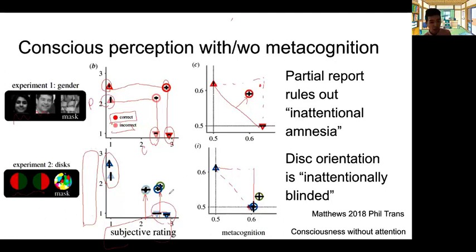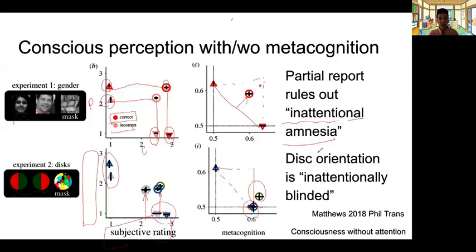And then briefly, this green and blue dot is to rule out the possibility of inattentional amnesia. In all of these dual task situations, we ask 2 responses per trial. In this green dot condition, the task was to report either the central letters or the peripheral disk, and we did not ask for both at the same time.